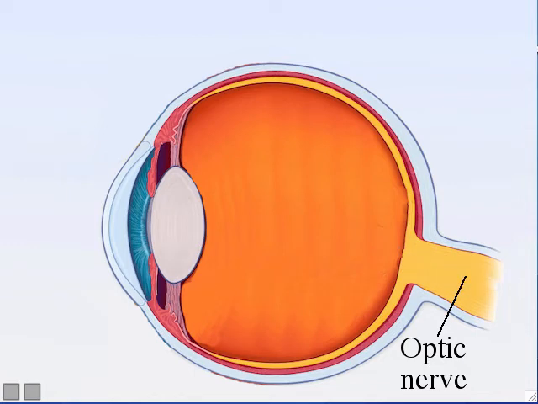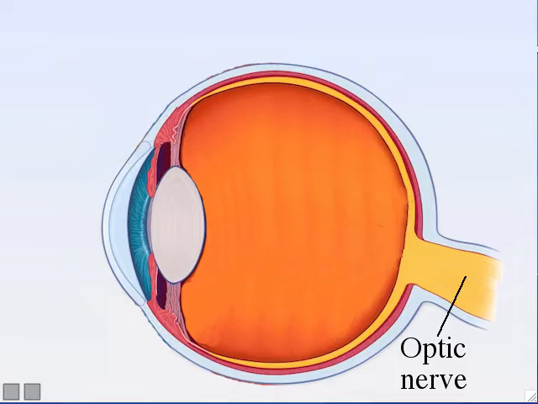To be a little bit more specific, the optic nerve is some axons of the neurons of the retina. Some of these neurons send their axons to get bundled together here, and so the optic nerve is simply the bundled together axons of some of the neurons of the retina.